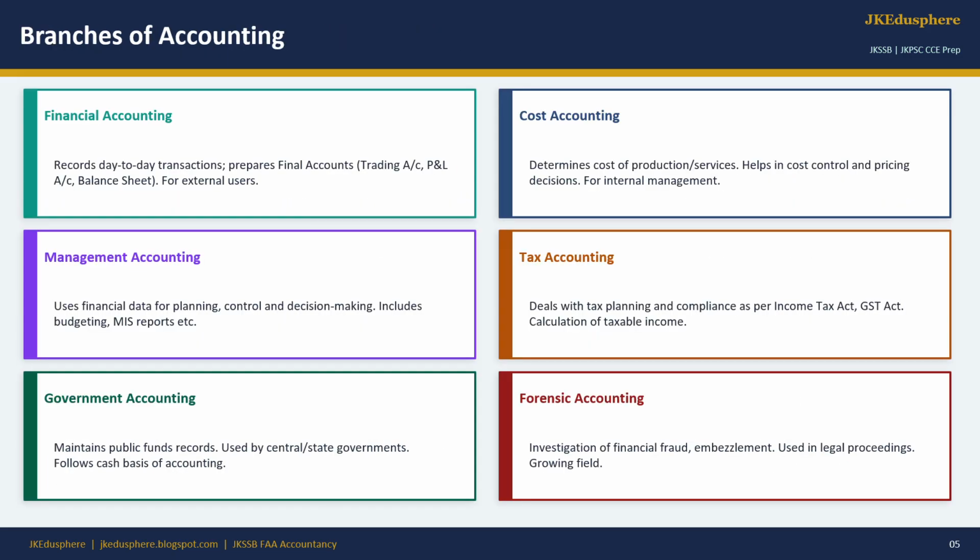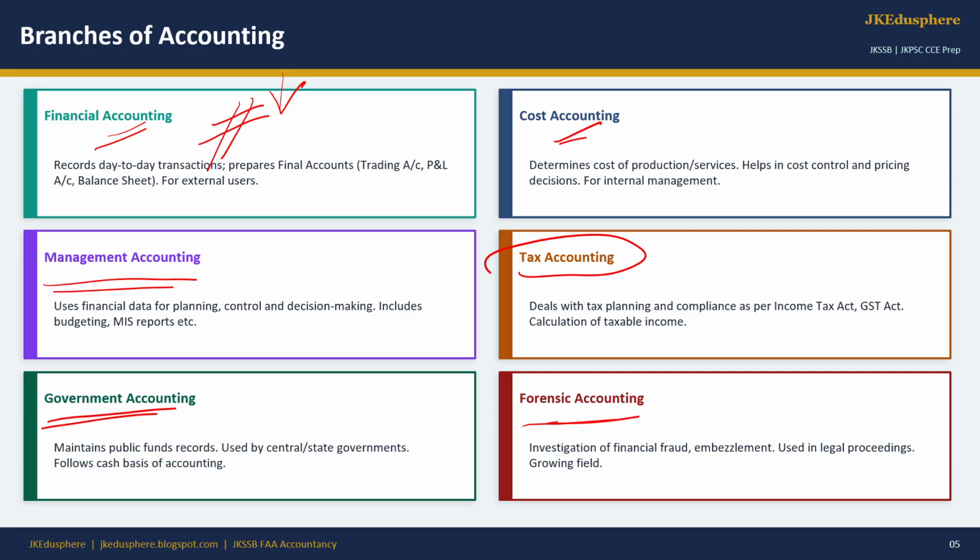So the next part is branches of accounting. For us, important are financial accounting and cost accounting. We will also study a little bit about tax accounting, management accounting, forensic accounting, and government accounting. In our syllabus, what is most important is financial accounting and cost accounting. In financial accounting, we record day-to-day transactions. For now, just remember we record day-to-day money transactions.